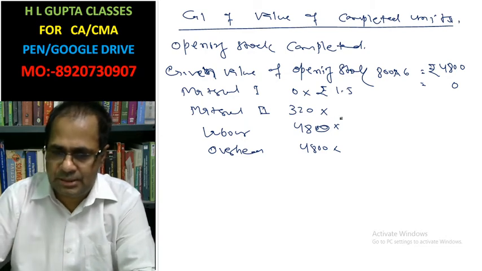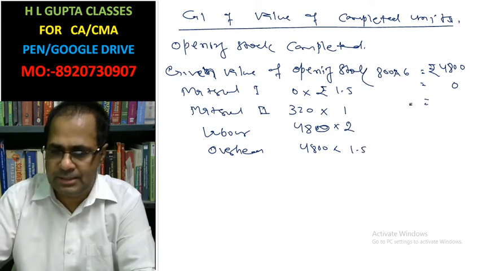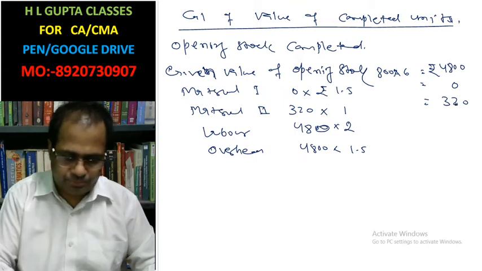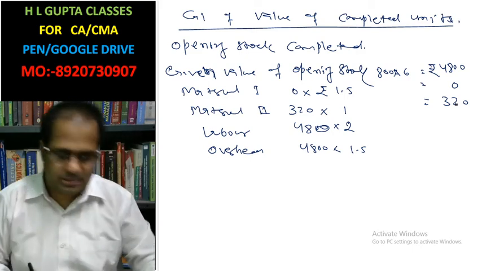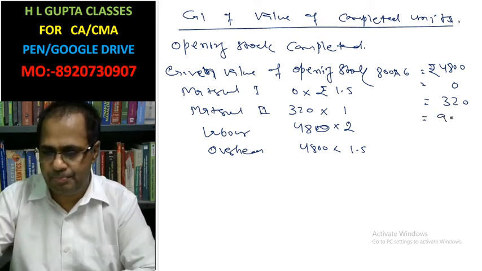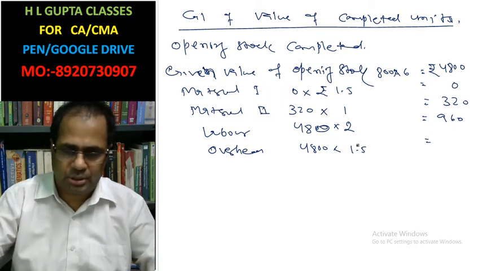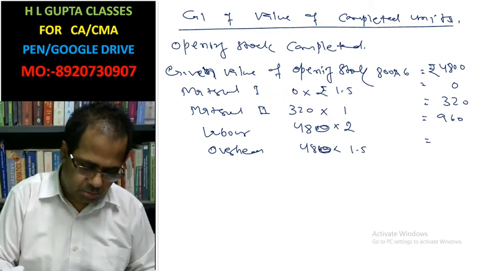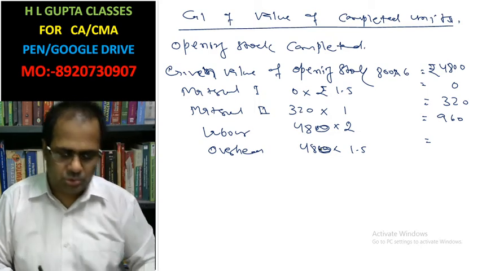In this case, this is 1, this is 2, this is 1.5. In this case, 320, 480 into 2, this is 960, and this is 480 into 1.5, 720.